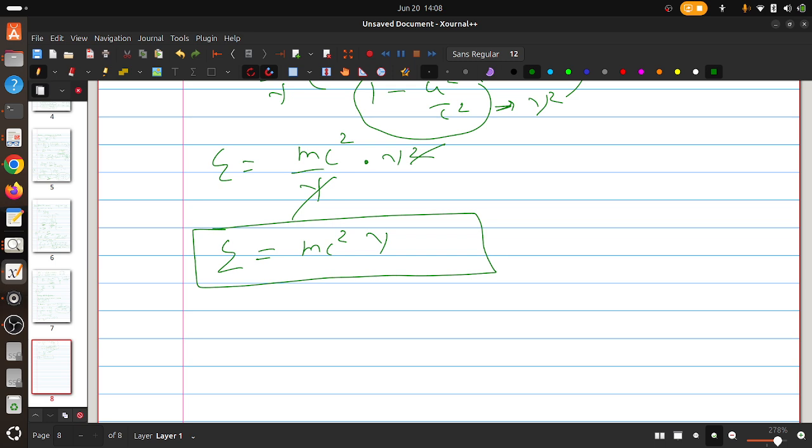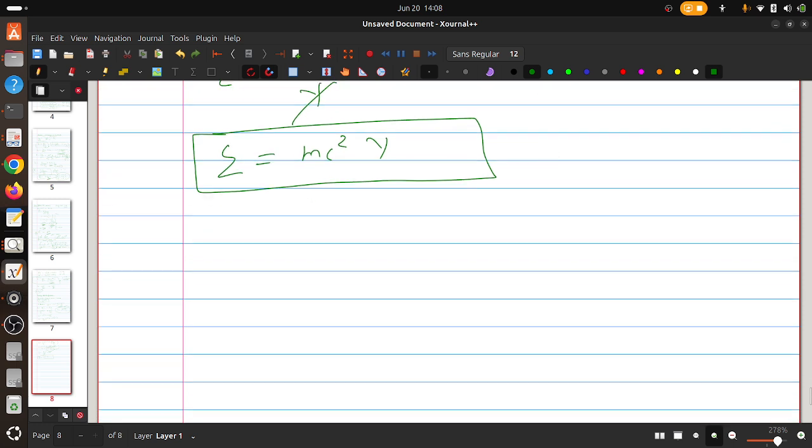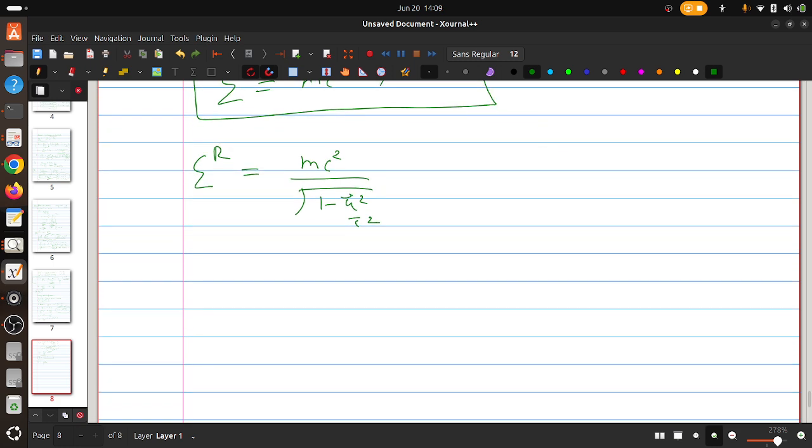So it looks to be very far away from the classical, I mean the non-relativistic regime. But let us see whether this corresponds to our non-relativistic regime under that limit. So relativistic energy ER is mc square under root 1 minus u square by c square. Right, and now again we apply the same trick, do the binomial expansion.